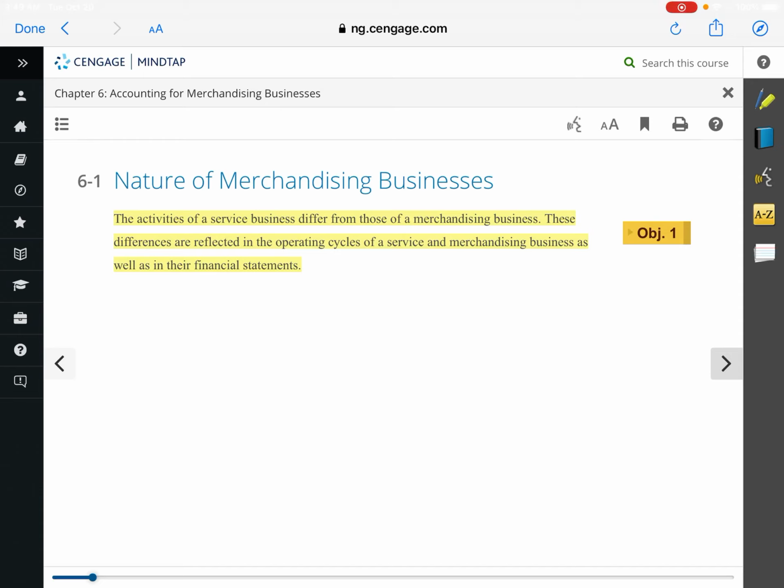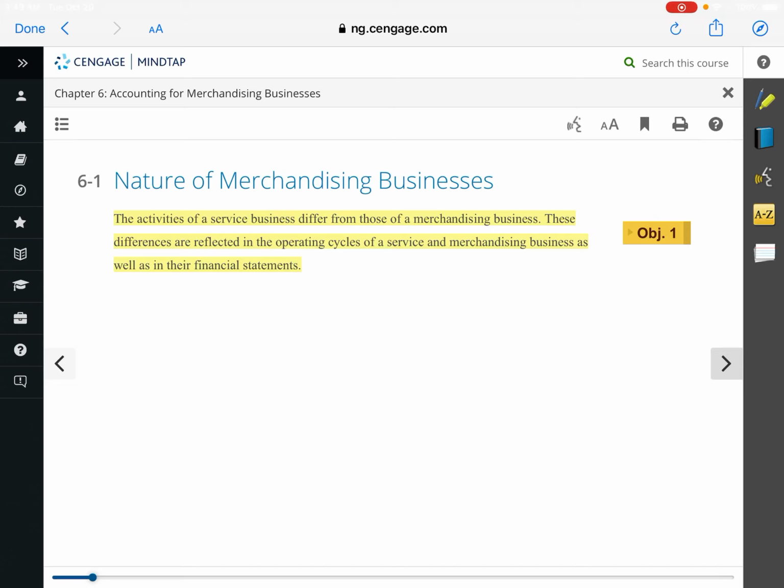and the way that we earn our revenue is going to be different. Like I just said, the time to complete the operating cycle is going to differ significantly based on the type of business. When you look at Walmart, and we're talking about the milk section, this operating cycle is going to be very quick. Milk may last 10 days, 14 days, so the amount of time between procuring that merchandise and turning it around is really quick.